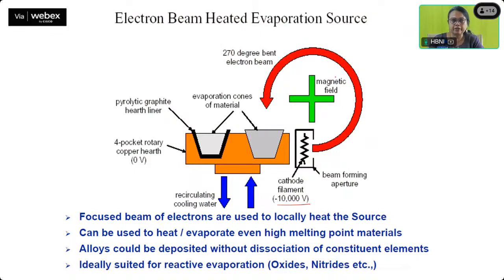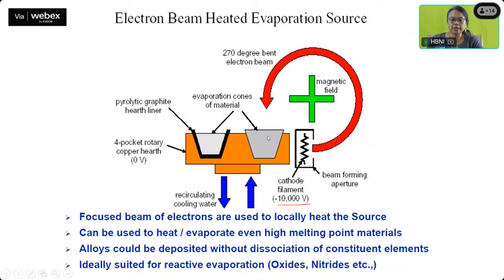There is a magnetic field, so this electron beam gets diverted, and this is the source material which we want to evaporate. We can have 1 cup or we can have 2 cups, and then this electron beam falls on this.